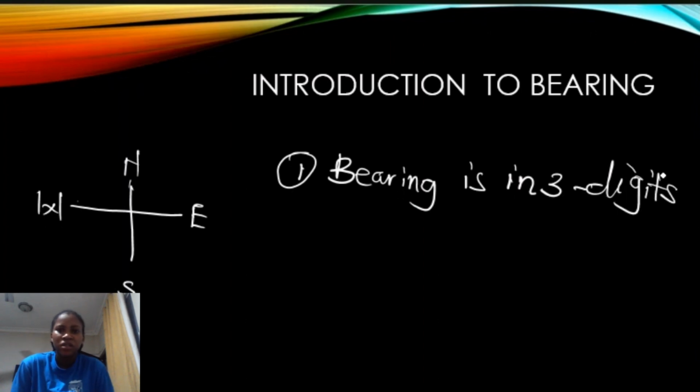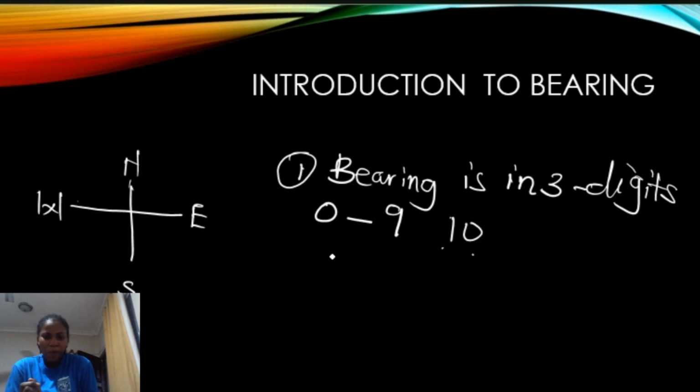A digit is just a character of the numerical system, the normal numbers we know, from 0 to 9. All the numbers from 0 to 9 are single digits. Something like 10 is a combination of 1 and 0. So bearing is in 3 digits and it's measured in degrees.